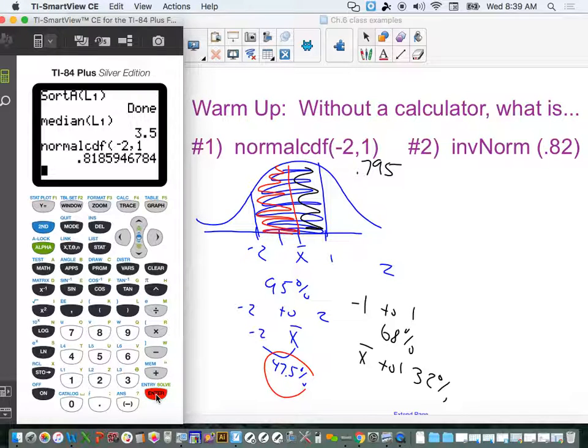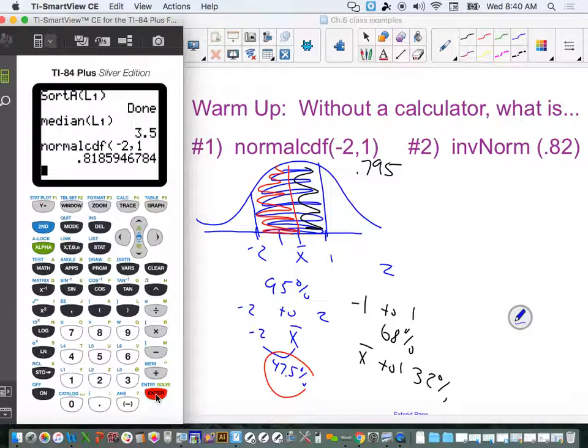There's maybe something wrong in there. Did I do that right? I got closer to that one number when I did it. I added 68 plus 13.5. Because I did the 2 middle ones, and then from -2 to 2 is the 95.